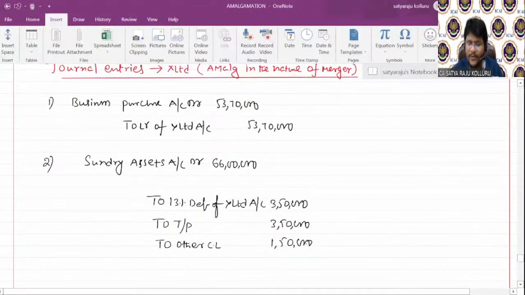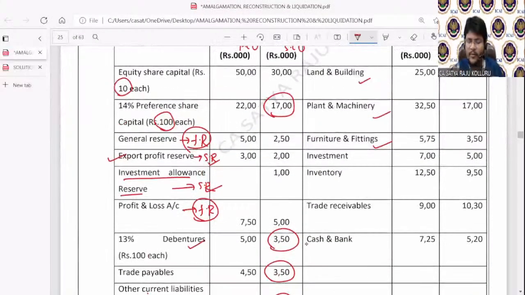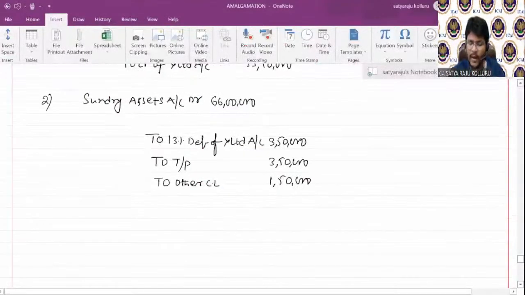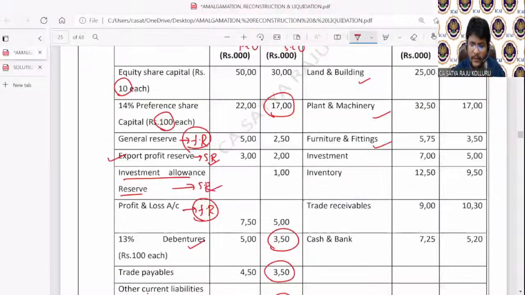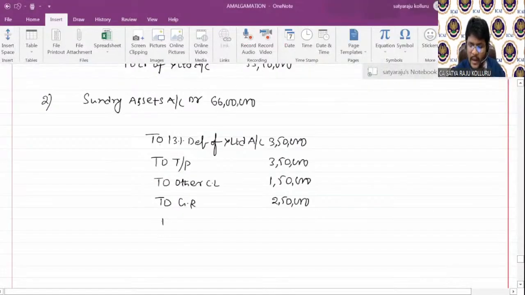Sir, apart from the liabilities, in case of merger, the purchasing company will also take over the reserves and surplus of the selling company. You can incorporate all the reserves one by one. General reserve is there for 2,50,000. Export profit reserve is there for 2 lakhs.